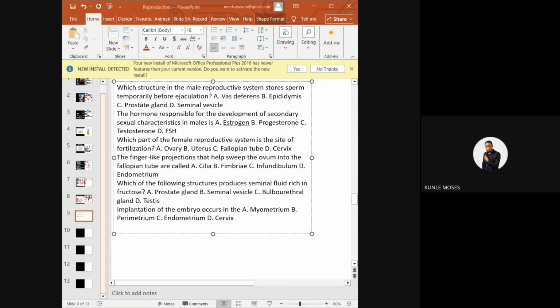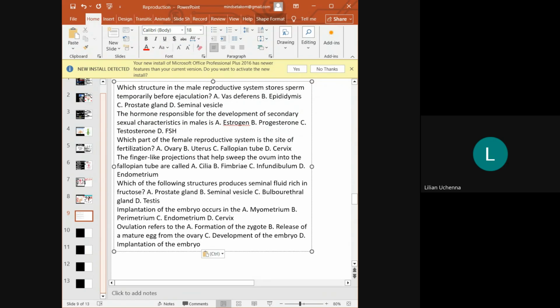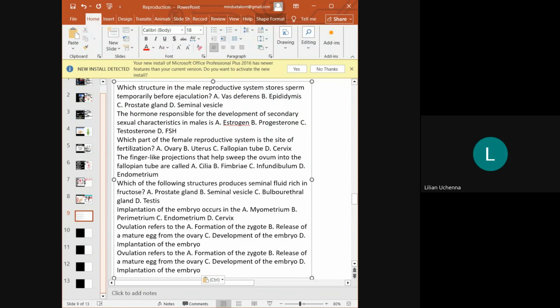Which structure transports sperm from the epididymis to the urethra? Ovulation refers to dash. A, formation of zygote. Let me copy it for you. Release of mature egg from the ovary. Yes, that's correct.